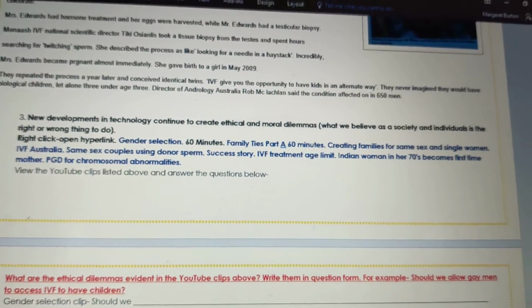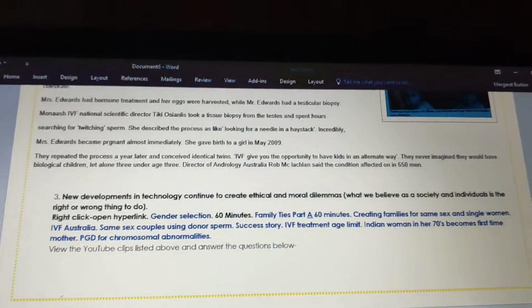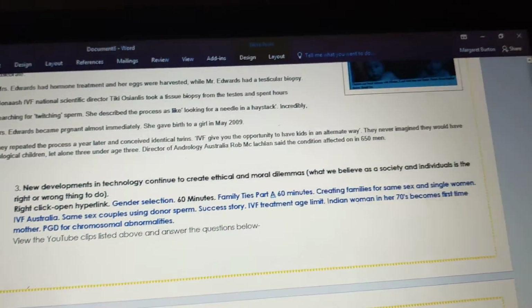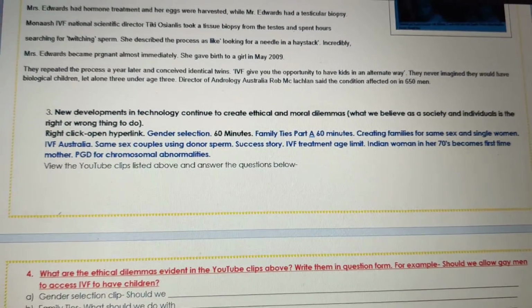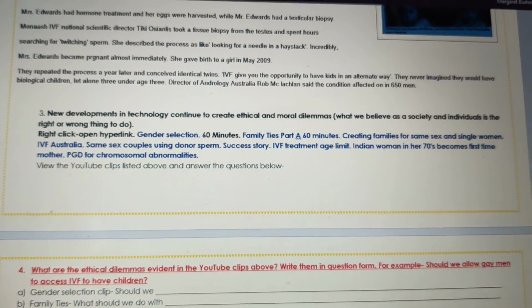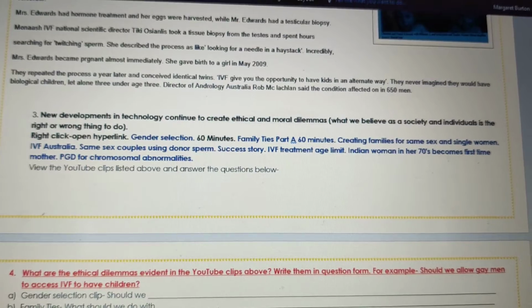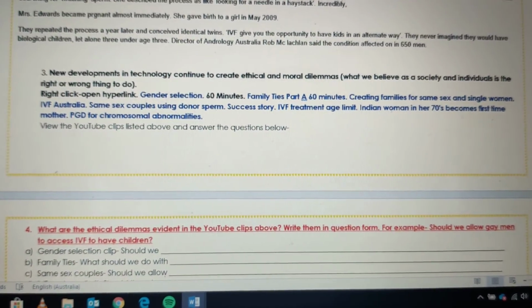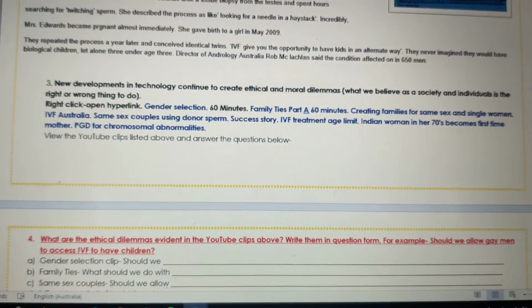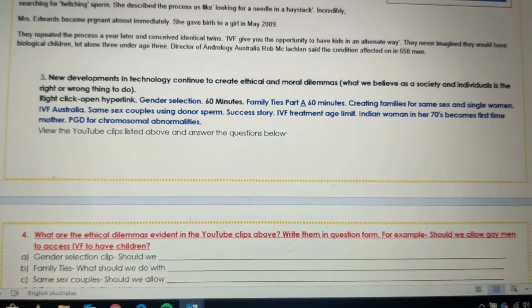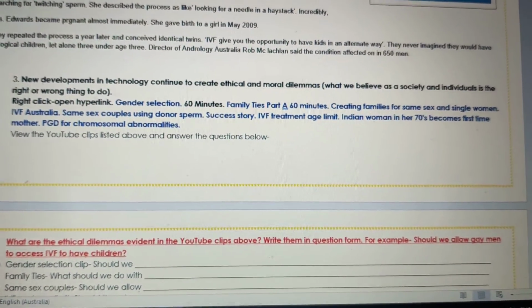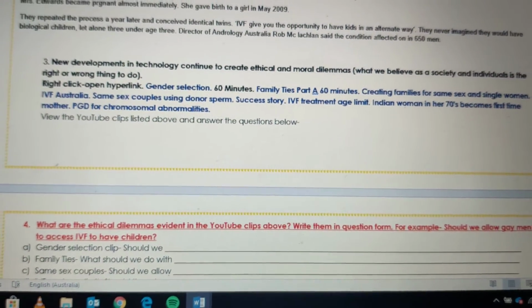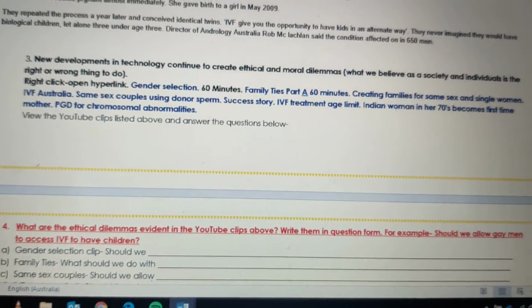Because at the moment, there are laws in Australia that says, for example, that no, you cannot choose the sex of your baby. In other countries, it's okay, you can do that. In Australia, though, you have to go overseas if you want to make sure that you have a certain sex child. So this is a whole range of issues around whether we believe it's okay to do that sort of thing.